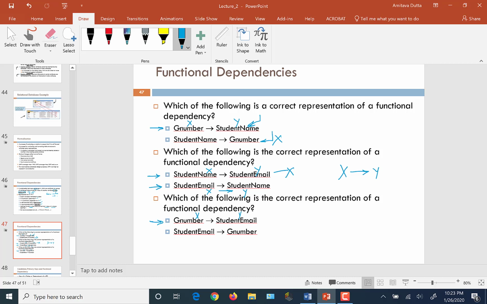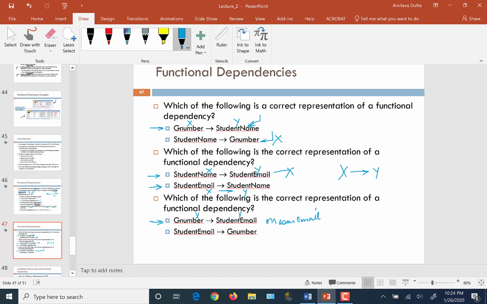If by student email you mean the Mason email address, then we know that each student has exactly one Mason email ID. So if I give you one value of G number, you would be able to give me exactly one value of the student's email, since it's the Mason email address.